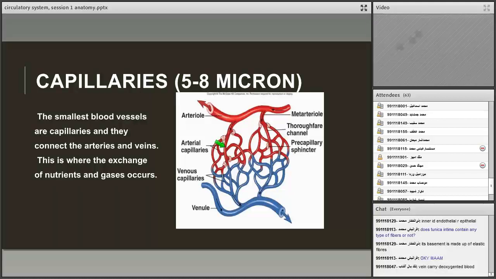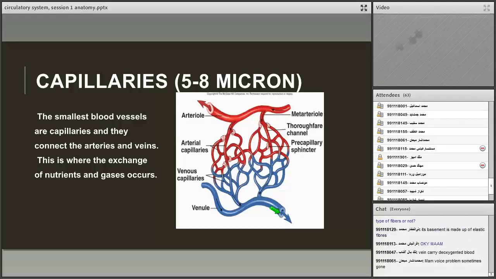Think that, for example, here we have a spleen, okay? Or, for example, a kidney, or anywhere. The oxygen will pass through these capillaries and come to the tissue. And the waste materials and carbon dioxide will come into the vessels, into the venous capillaries, and be brought back to the veins, to go to the heart.